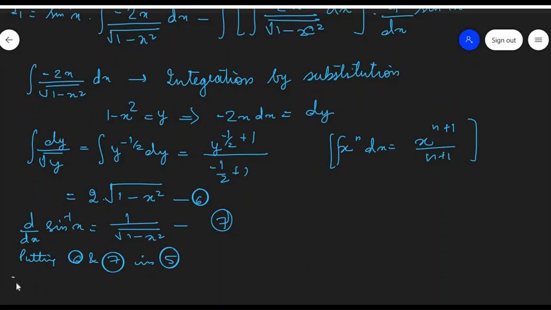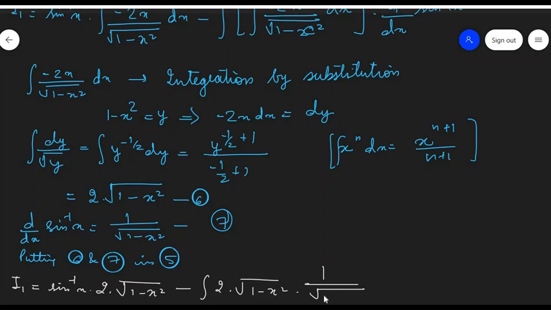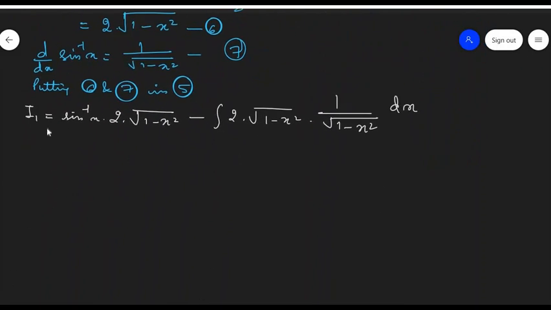So you get I1 as sine inverse x into integration of minus 2x upon square root of 1 minus x square, that is this. We have calculated it using 6 as 2 into square root of 1 minus x square, minus integration of 2 into square root of 1 minus x square into d by dx of sine inverse x, which is 1 upon square root of 1 minus x square and dx. Now we need to perform integration one more time.